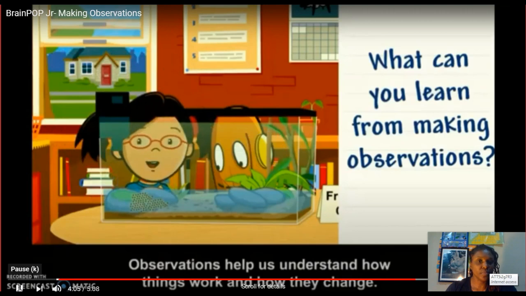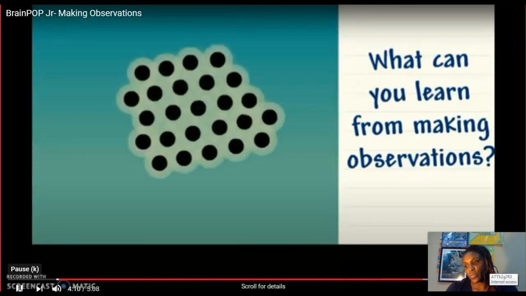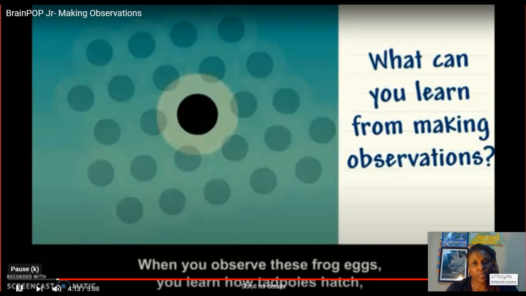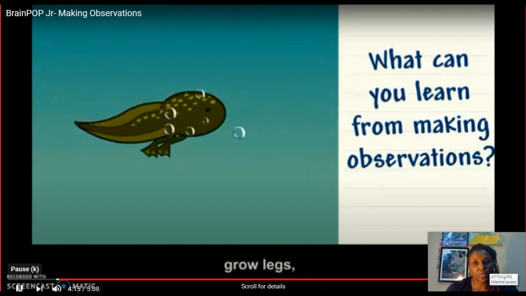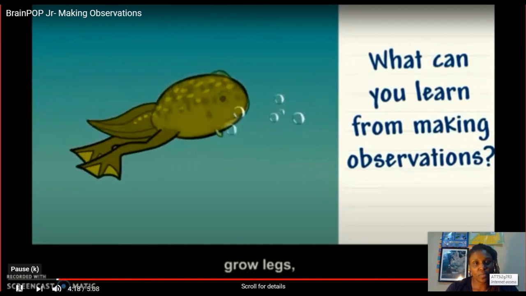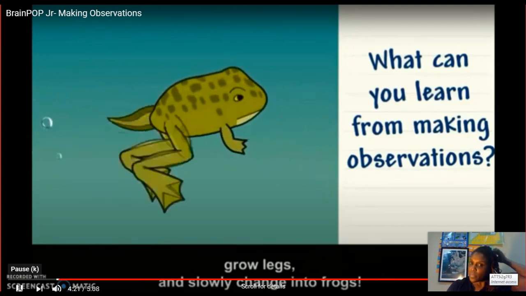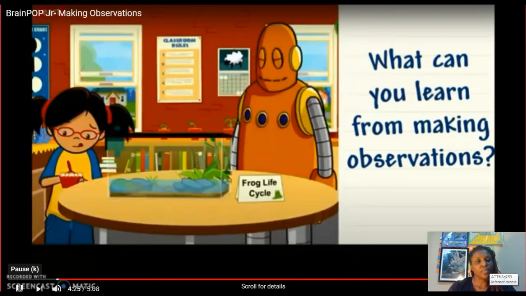Help us understand how things work and how they change. When you observe these frogs, you learn how tadpoles hatch, grow legs, and slowly change into frogs.